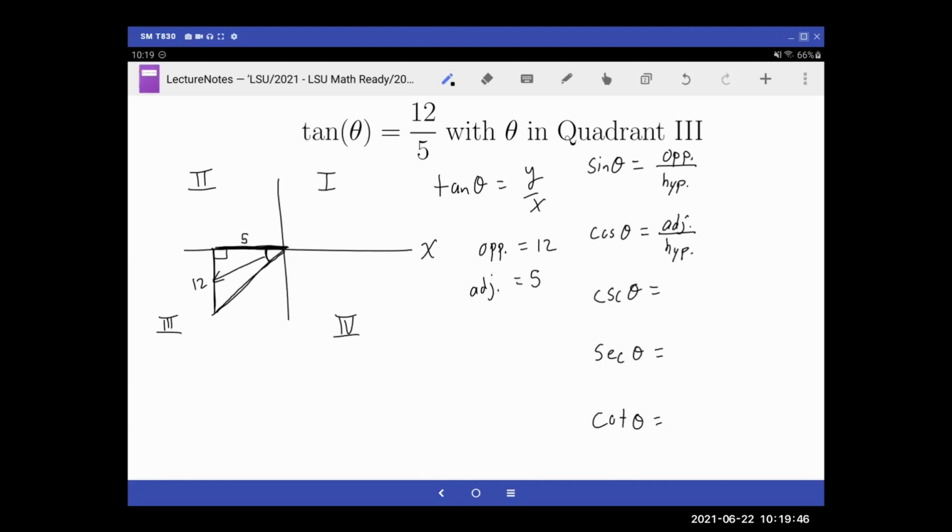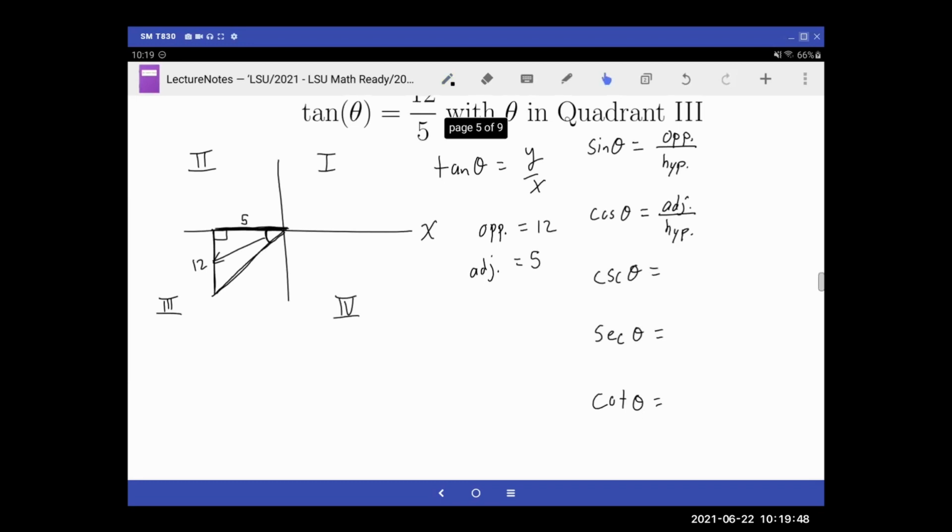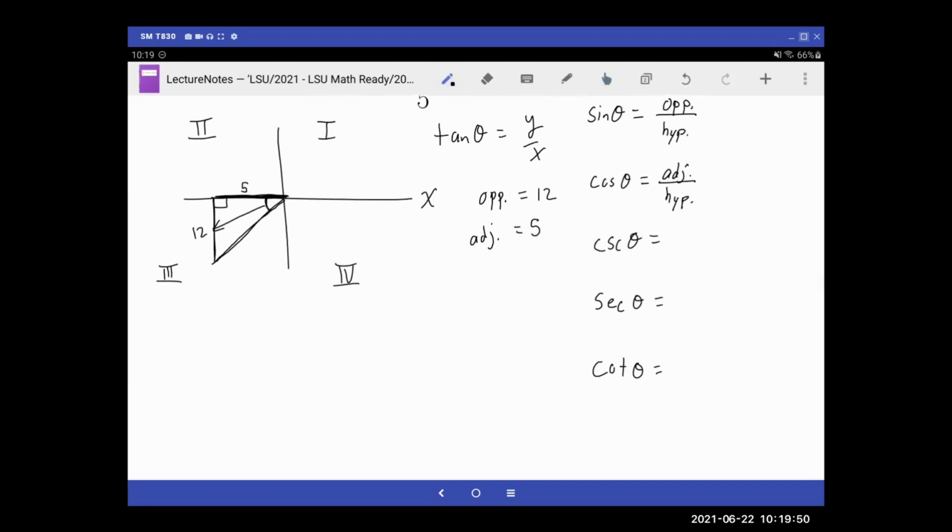We have to find the hypotenuse. So to find the hypotenuse, we would do the Pythagorean theorem. Okay, so a squared plus b squared equals c squared. 5 squared plus 12 squared is equal to the unknown c squared.